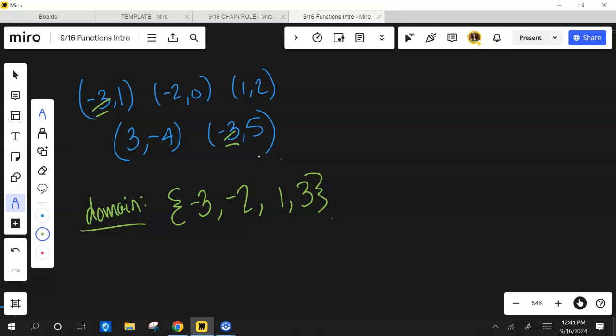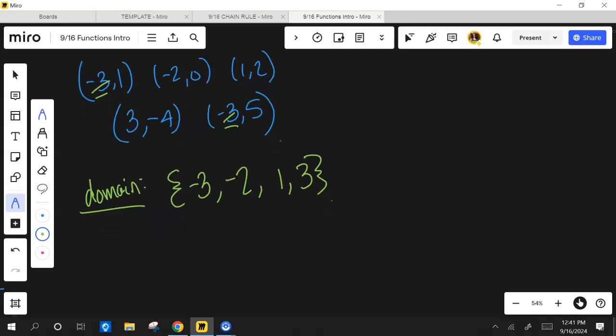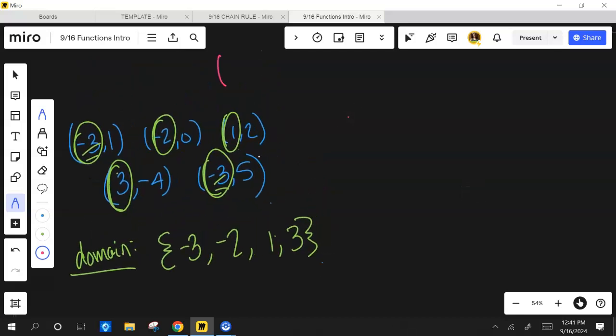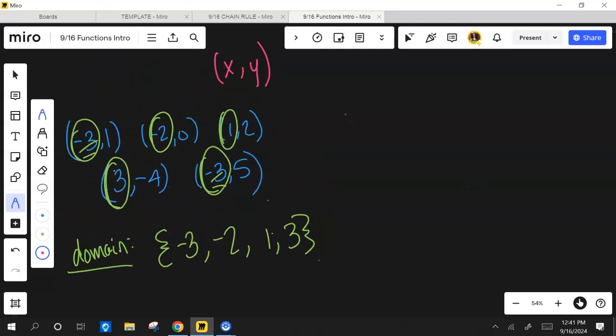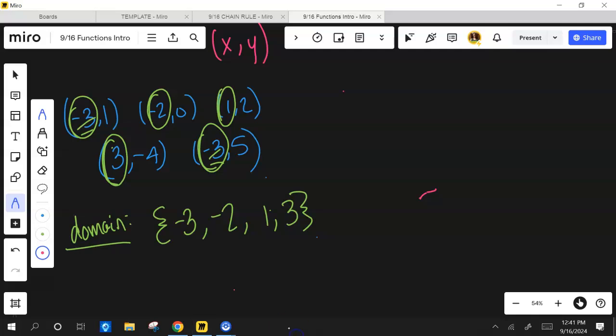Anybody confused about where we got those? Where are you confused? It's just the x values here, but in order and no repeats. So now, yes, because whenever I name a point, it's x and then y. That's exactly right. Okay, so look at it. If I want to name my range, that's my y.